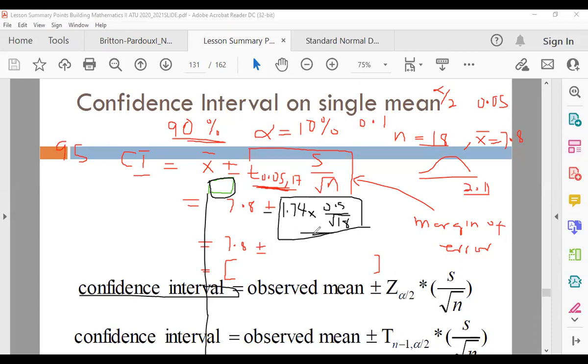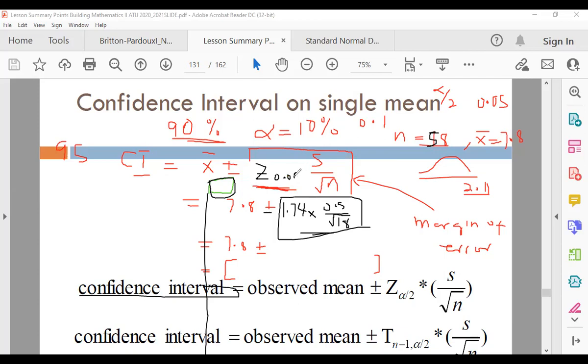In the same way, if n had been 58, meaning that you would be using the Z statistic, then this would be Z with a probability of 0.05.